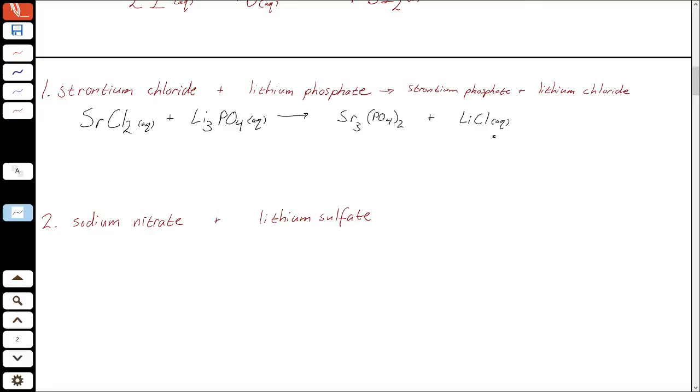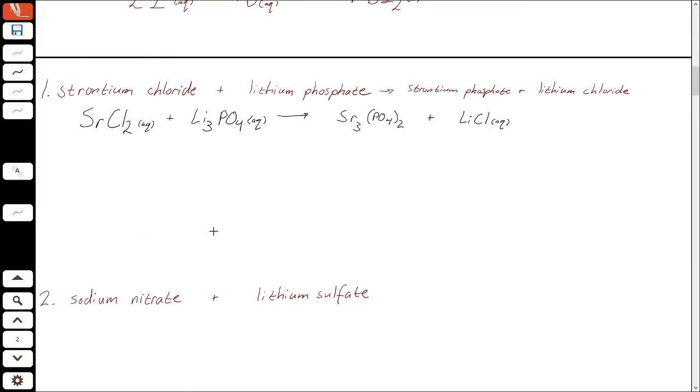So anytime you see lithium, sodium, potassium, ammonium, you can right away say, oh yeah, I know that one is soluble, so I know that's got to be aqueous. The one that we have the question on here is the strontium phosphate. Don't know necessarily if that's going to be aqueous or if that's going to be our precipitate. I think we're going to need a little more room too. So, write this down.